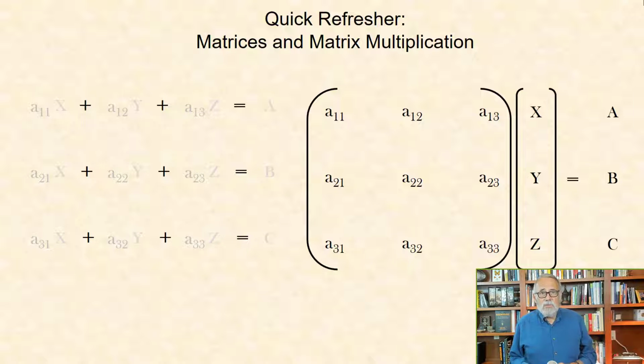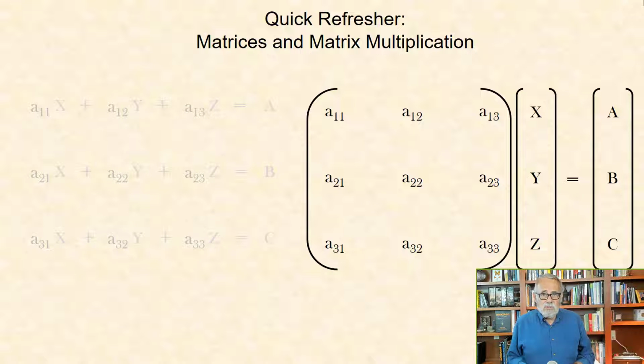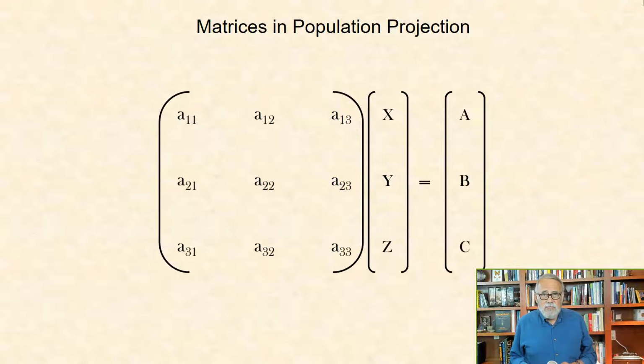The multiplication then involves the elements of each of the rows times the elements of the vectors. For example, a11 times x plus a12 times y plus a13 times z equals a in the rightmost vector. Likewise, a21 times x plus a22 times y plus a23 times z equals b, and so forth.